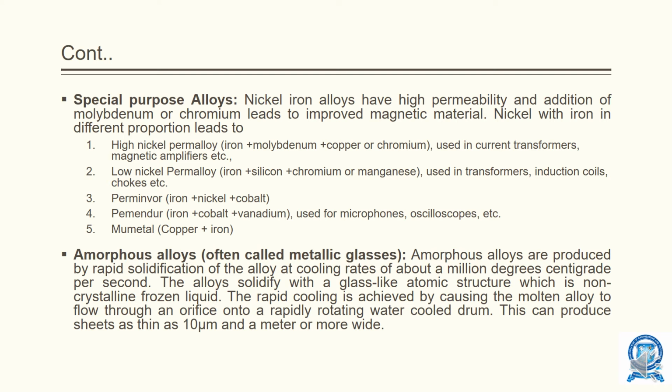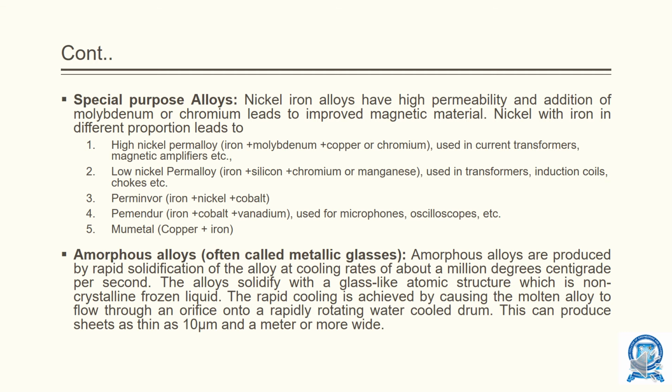Amorphous alloys, often called metallic glass. The amorphous alloys are produced by rapid solidification of the alloy at a cooling rate of about a million degrees centigrade per second. The alloys solidify with a glass-like atomic structure, which is a non-crystalline frozen liquid.